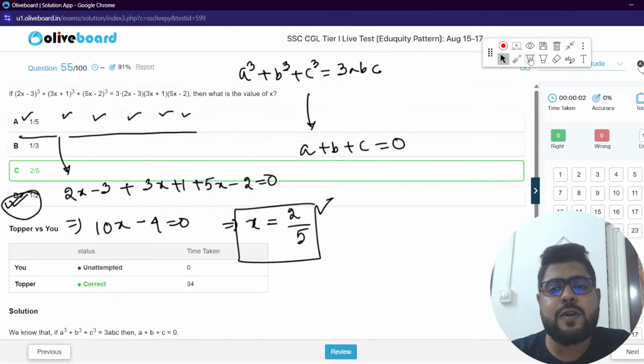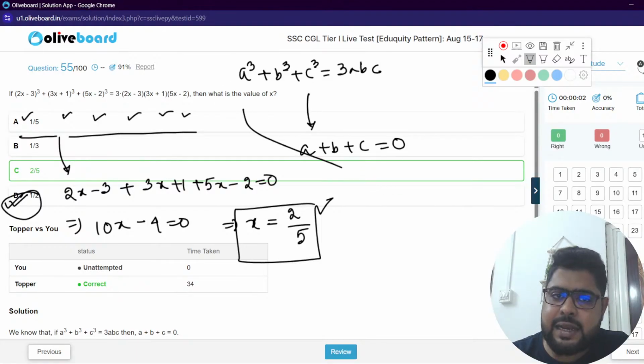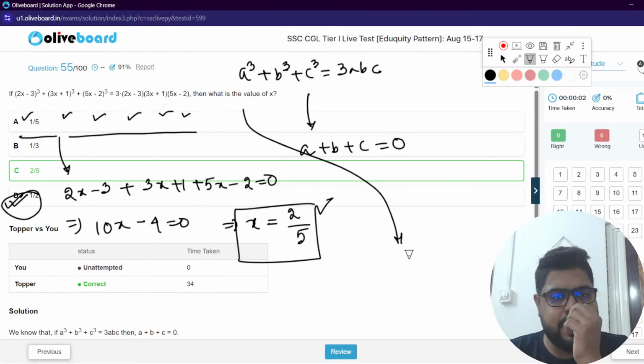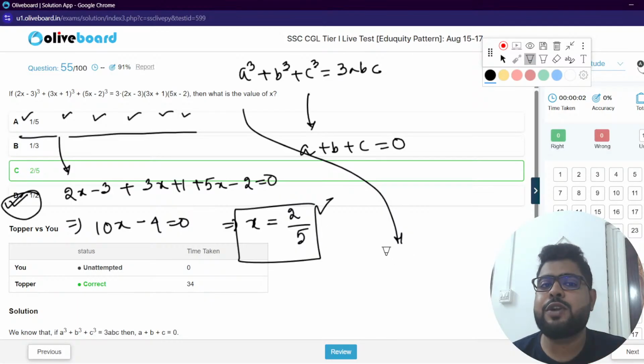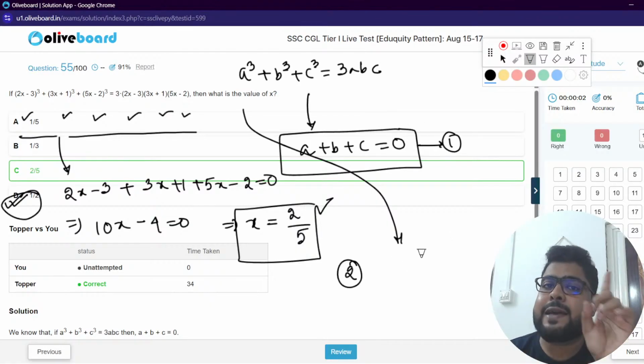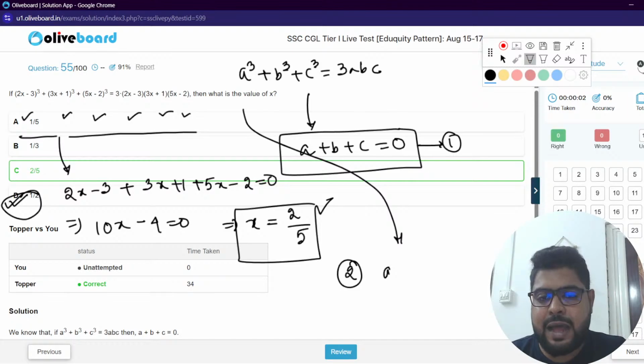But again, this is not the only answer. This is technically a little incorrect. If you have done my batches, in the foundation batches, I told you this is not the only conclusion. This is only one of the conclusions. The other conclusion I've derived, and I've shown you the proof as well, is a equal to b equal to c.